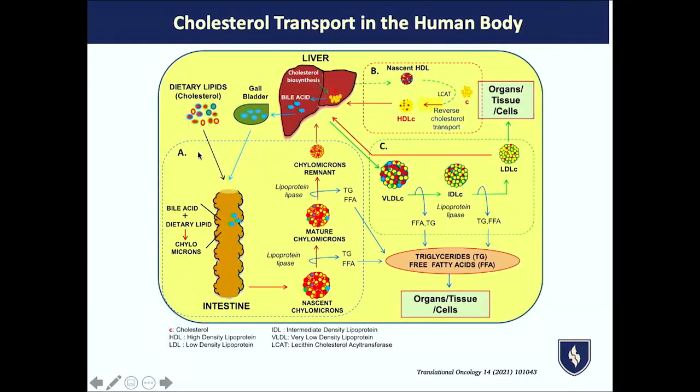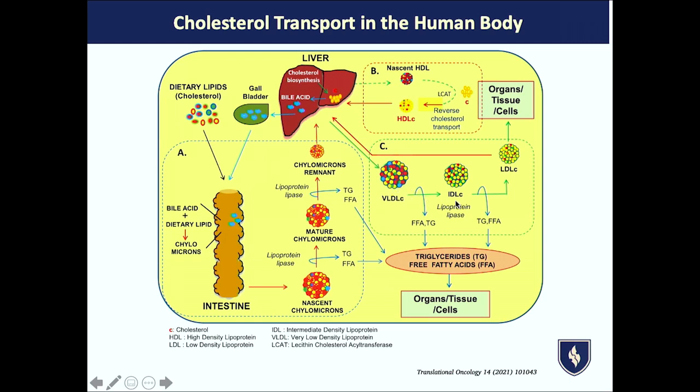Bile helps convert dietary lipids into chylomicrons, these free fatty acid compounds. The chylomicrons eventually get used in circulation, but their remnants also get to the liver. Once these fatty acids and cholesterol compounds go into the liver, it will make VLDL, very low density lipoprotein.